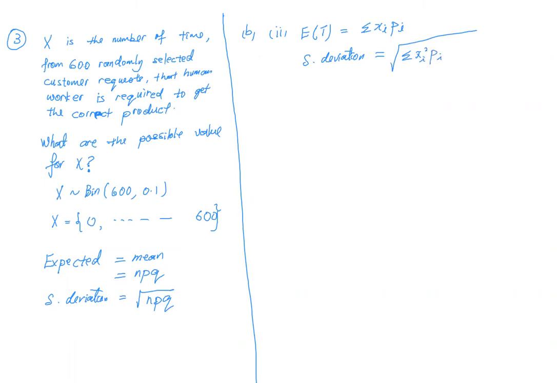I purposely put the pi at the back so that you know that the pi doesn't have to be squared. Take away mean square. So all these formulas, you better write them down. And you must know how to use your GC also, correct? So all these are the things that you have to take note of.